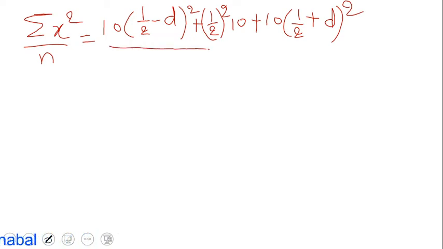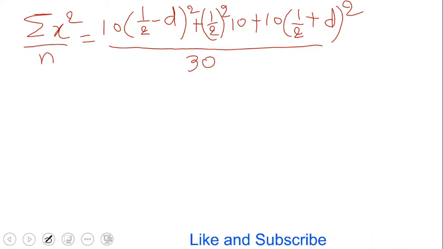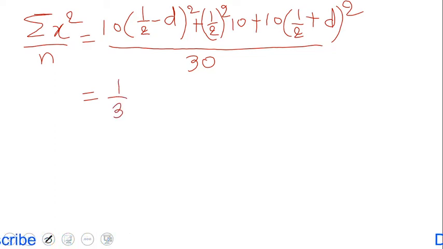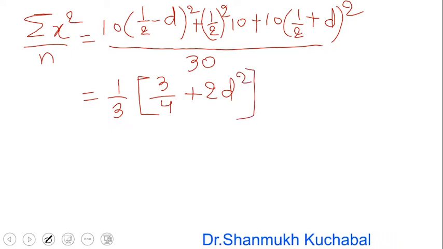And we know that totally we have 30 observations, so n I am going to take as 30. Simplifying, we take 10 common in the numerator; in the denominator 30, the 0 cancels, and we get 1/3. Then expanding and simplifying we get 3/4 + 2d^2.